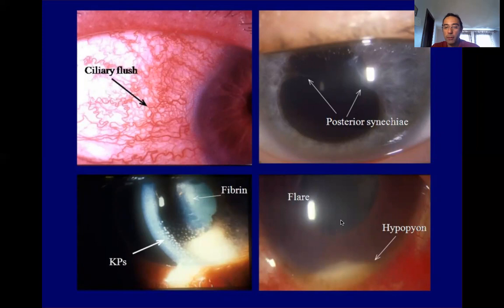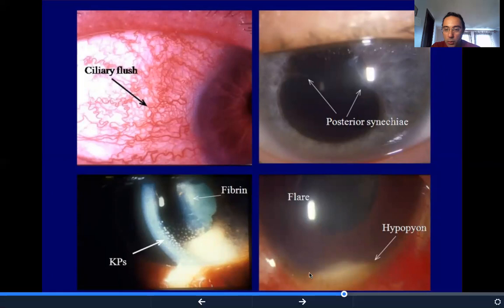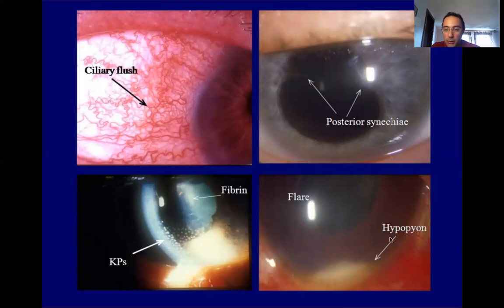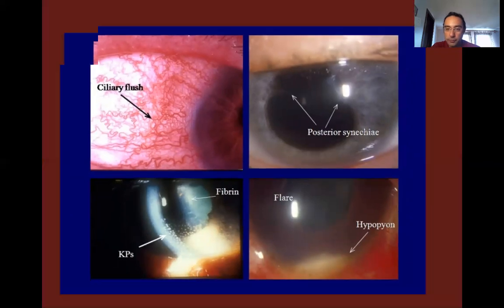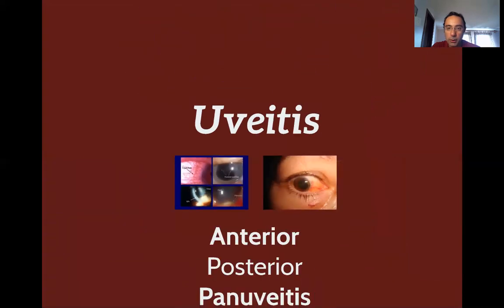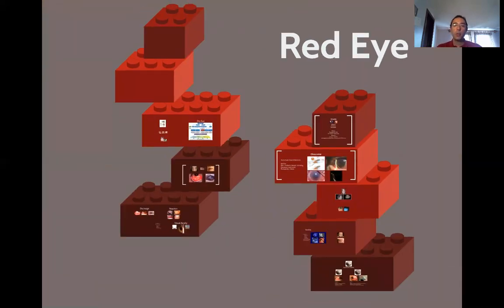And if there are enough inflammatory cells, you can see that they accumulate in the anterior chamber downwards and cause a hypopyon. So this is another entity. Now we know a couple of diseases which may cause red eye.